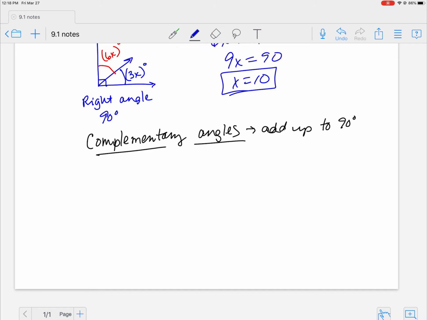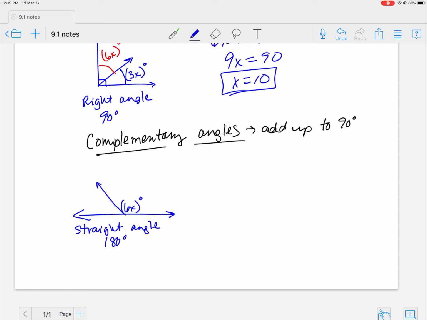All right? Okay. Now, what if I have this little situation? If I have what's called a straight angle, what is the degree here of my straight angle? 180, good.